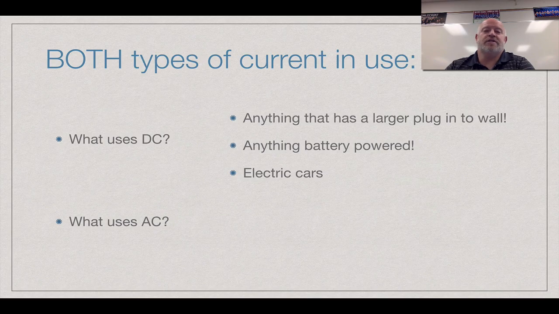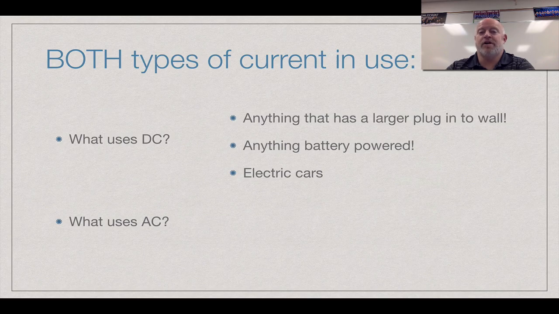And what that plug does is transform the AC current that's coming to that outlet. Every house is wired AC, so all your outlets in your house are alternating current. But things that need DC current, like plasma TVs, flat screen TVs, all the chargers for your cell phone type of stuff, need a way to convert from AC, which comes into your house, to DC. And that's what that big plug does.